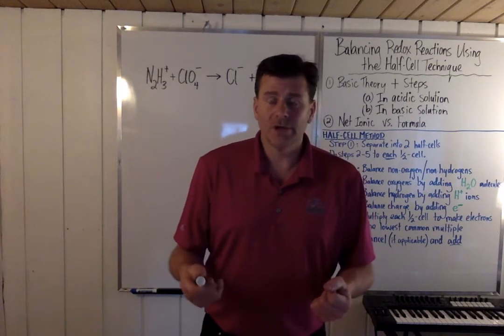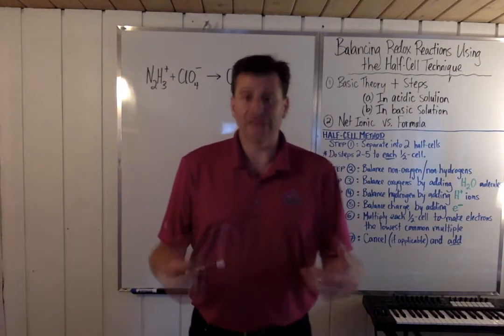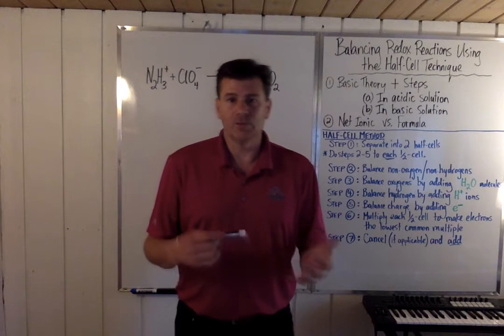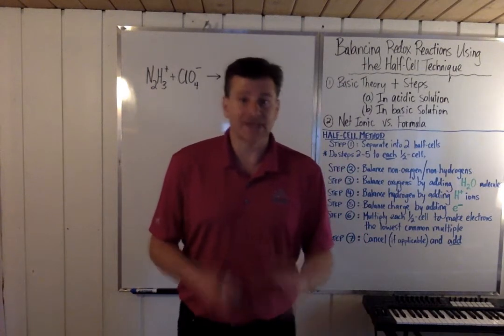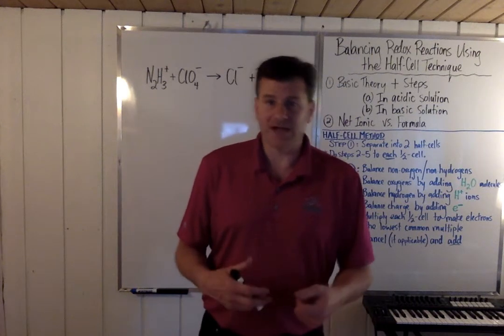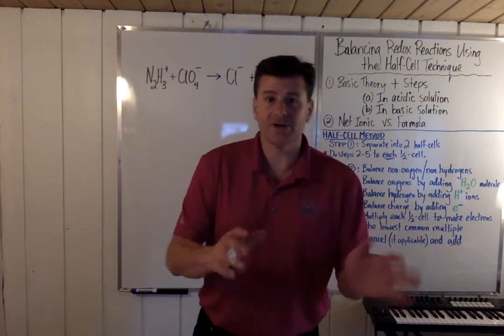And then also being able to label which of the two reactants would be considered the oxidizing agent and which would be the reducing agent. So we did all that last class.